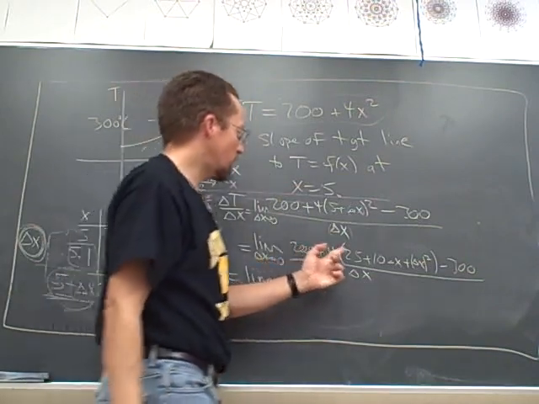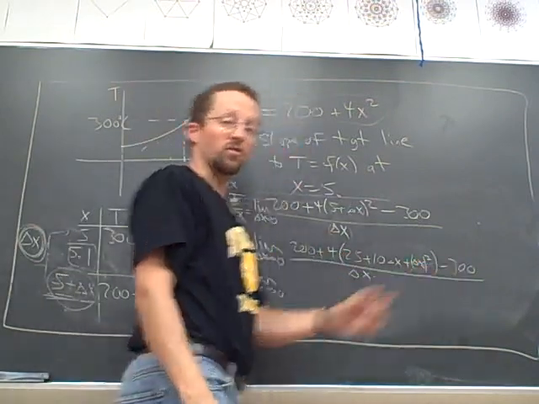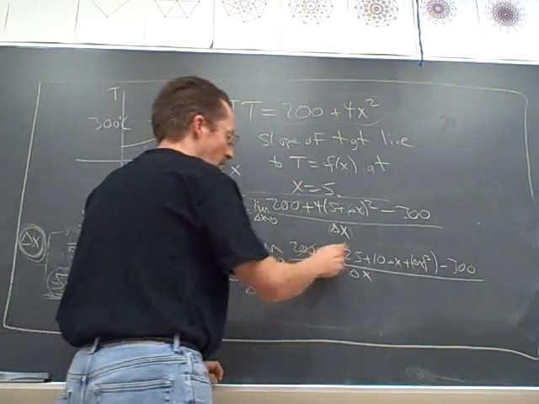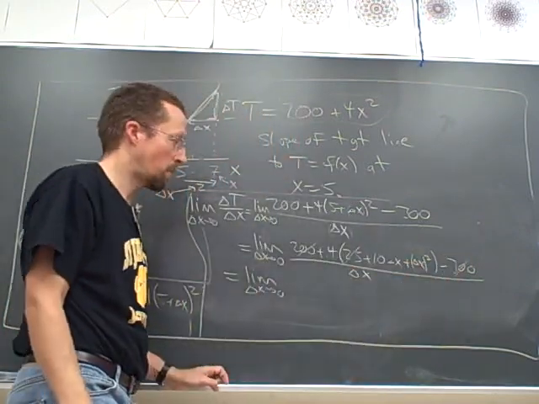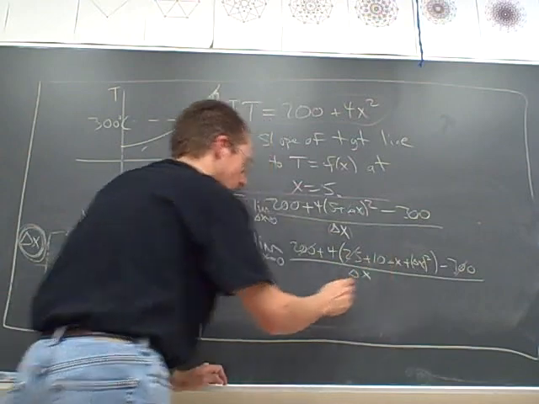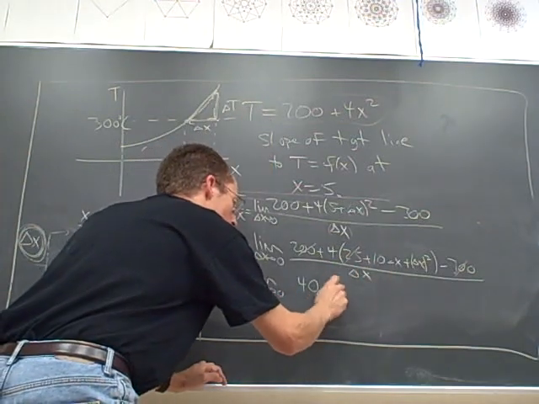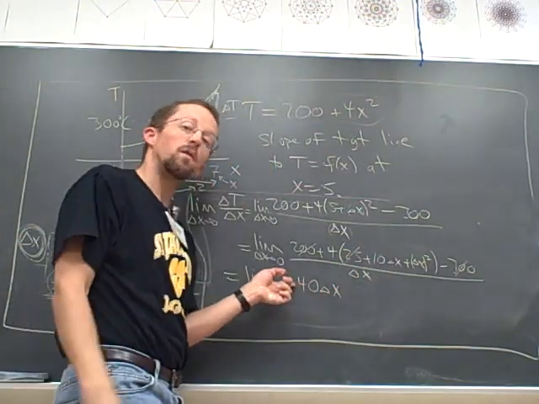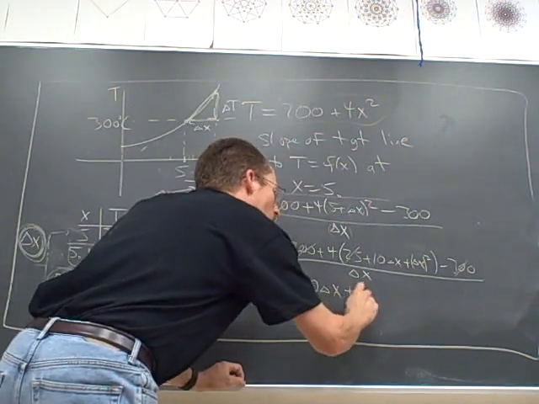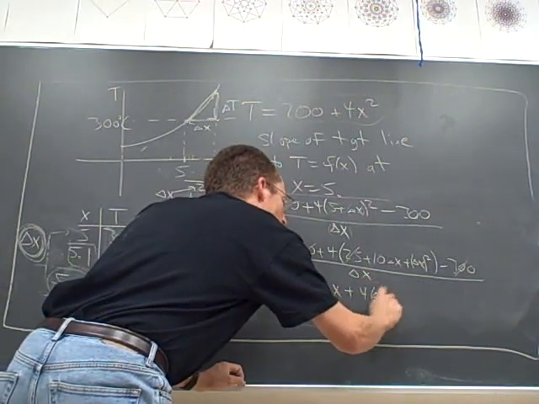Okay, so 200 plus 100 minus 300. Hey, that's interesting. That's 0. That all cancels. 4 times 10 times delta x. I've seen that number before. Plus 4 delta x squared.